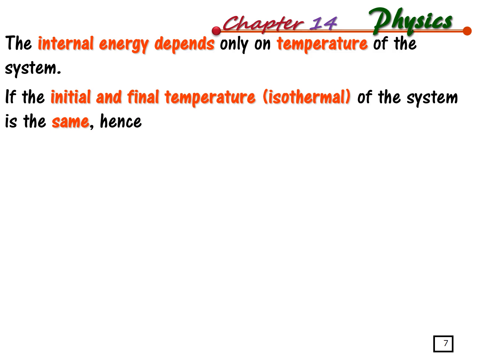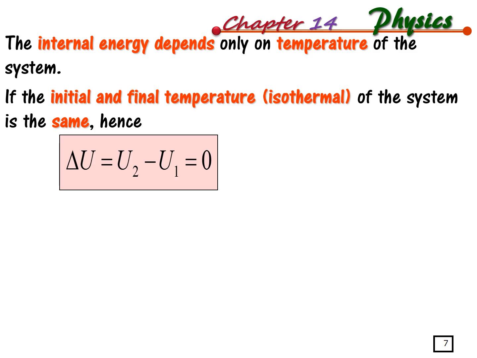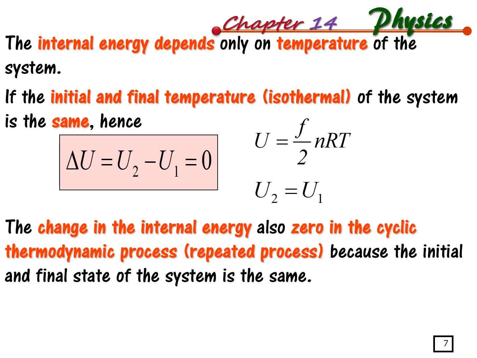If the initial and the final temperature of the system are the same, for example, the initial temperature at state 1 and the final temperature at state 2 are the same, we also call it isothermal, which means that temperatures are the same or equal. Therefore, the change in the internal energy of the system will be 0, since the initial T1 is equal to the final T2. Therefore, U2 equals U1, and then we get delta U equal to 0.